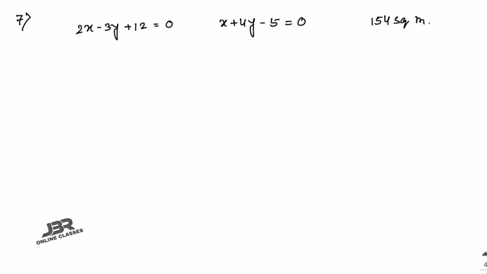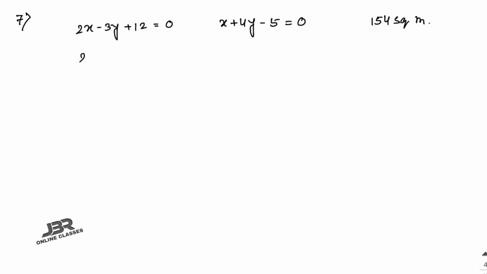So you have to find the equation of the circle whose two diameters lie along the lines. First you have to find the solution of these two equations.